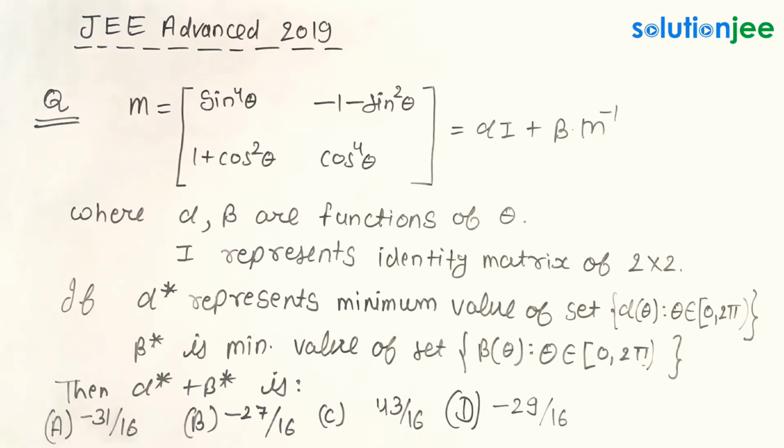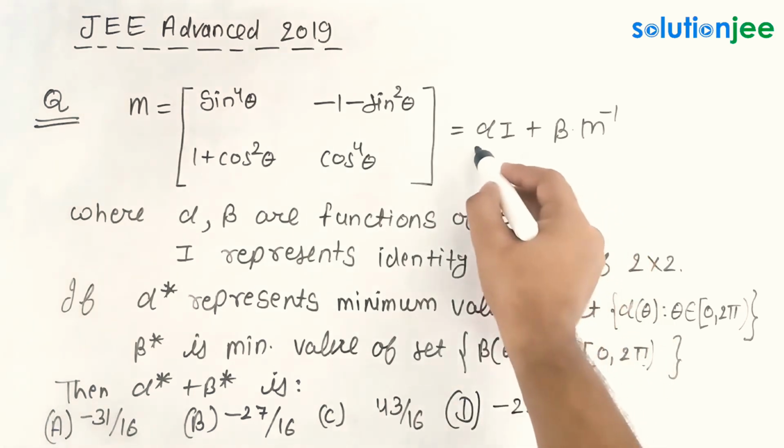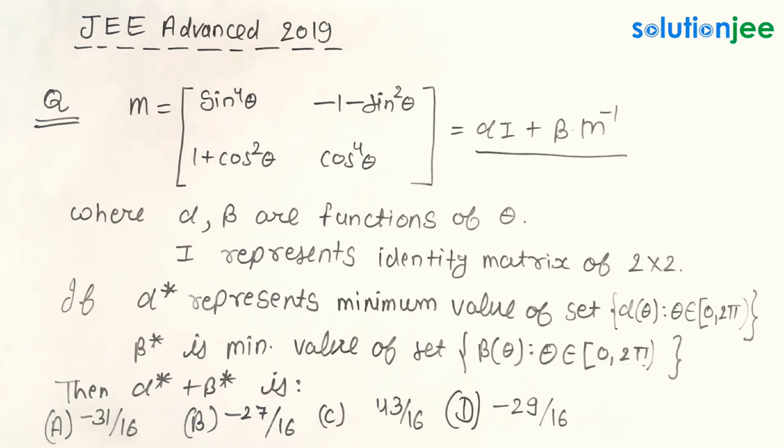So here we have the next question. In this question, matrix M is given, which is equal to this expression: alpha I plus beta M inverse. Here M inverse represents the inverse of matrix small m.